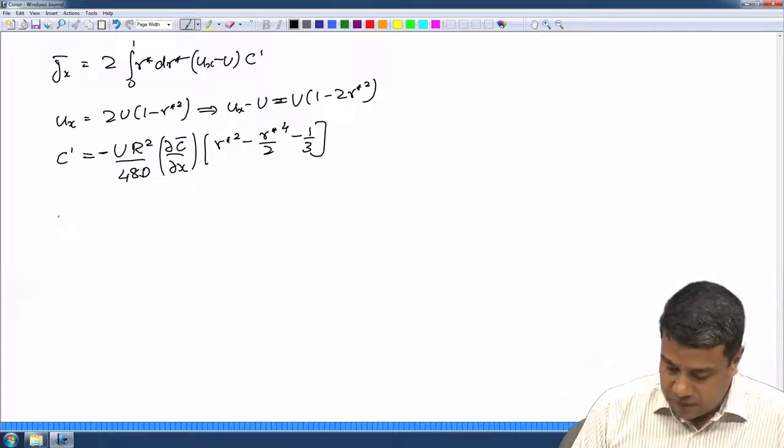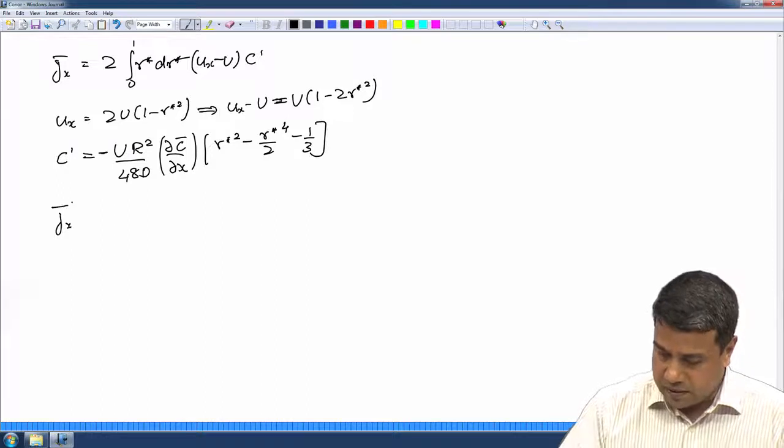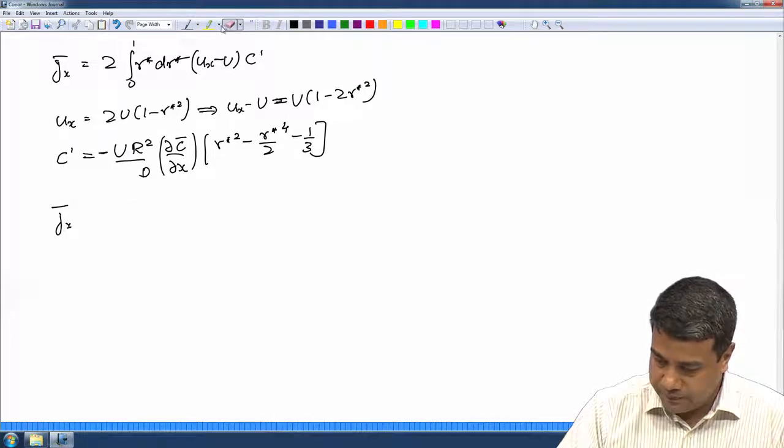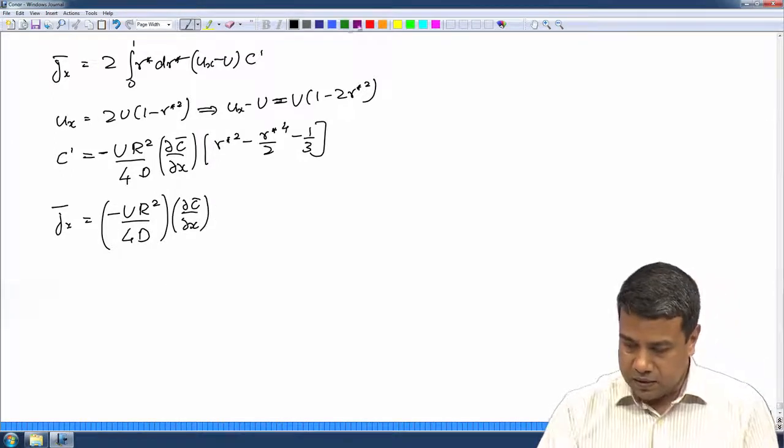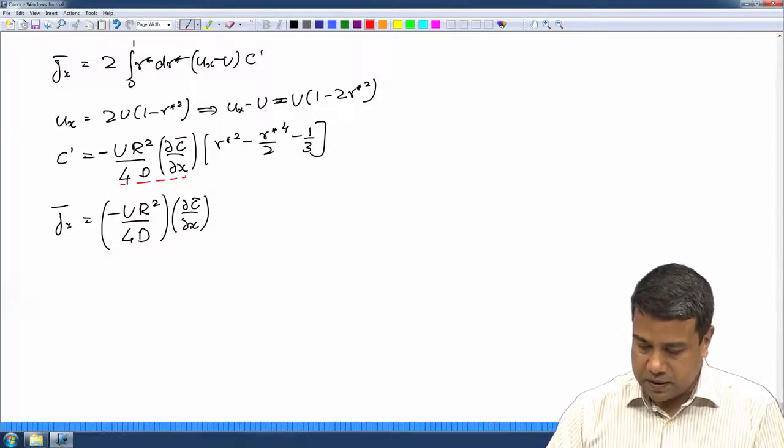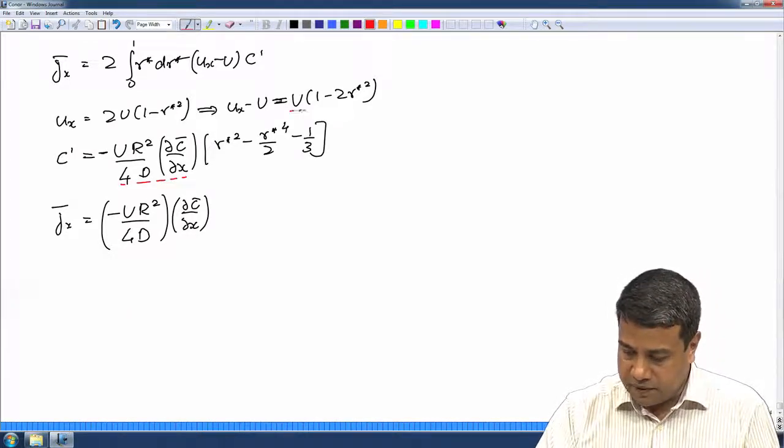Therefore, J x bar, I am sorry, this should be 4, is equal to minus u r square by 4 d into partial C bar by partial x. Those are the two prefactors in this concentration. I have one prefactor in the velocity.